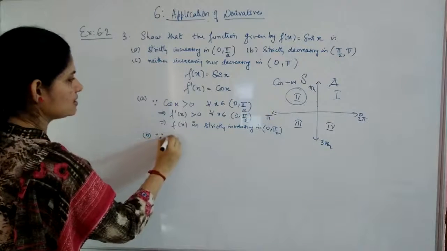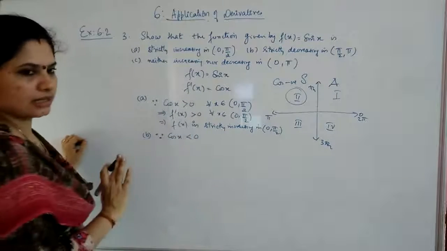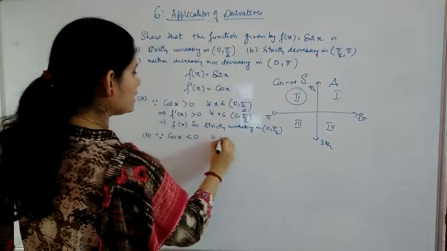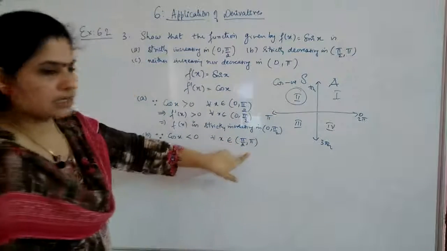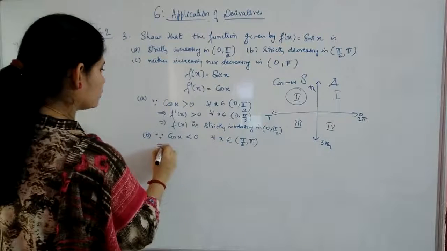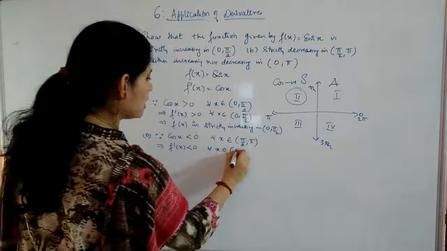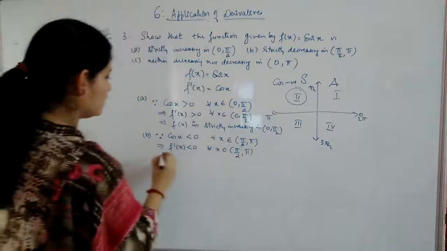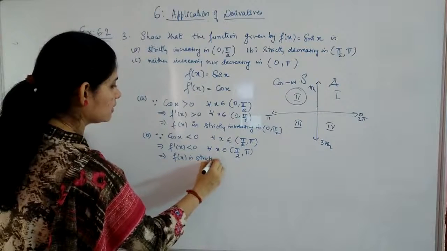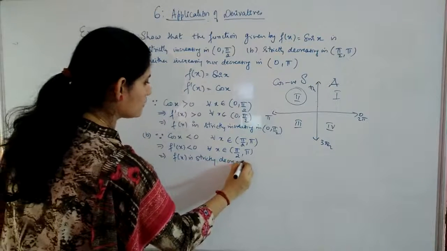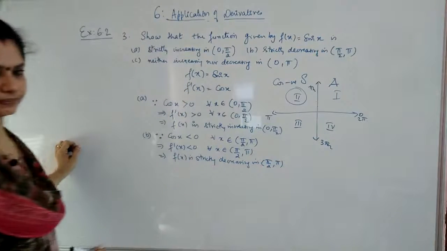So since cos x is less than 0 for any x belonging to pi by 2 comma pi, that is in the second quadrant, f dash of x is less than 0 for any x in pi by 2 comma pi. That is, the function is strictly decreasing in pi by 2 comma pi.